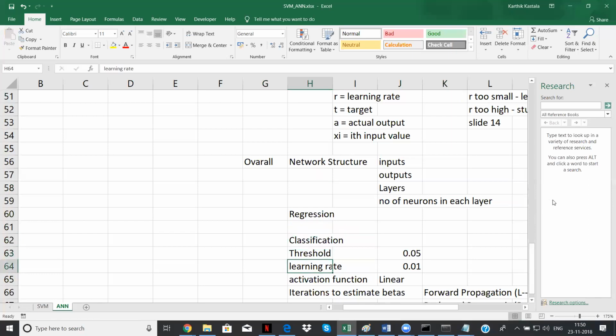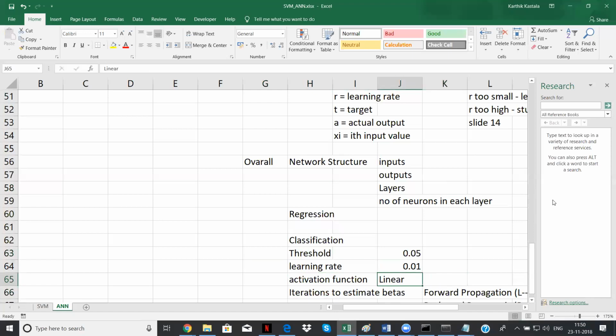Learning rate. So is it 1%, 10%? Don't keep it too high, don't keep it too low, right? By default, the learning rate is 0.01. By default, the threshold is 0.05. Is that clear? Lastly, your activation function. Whether you want linear, whether you want logistic, and so on.